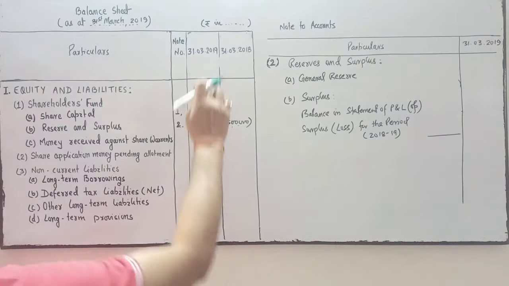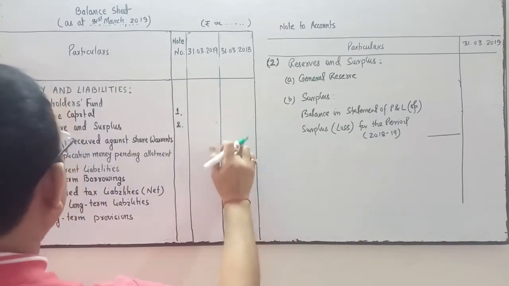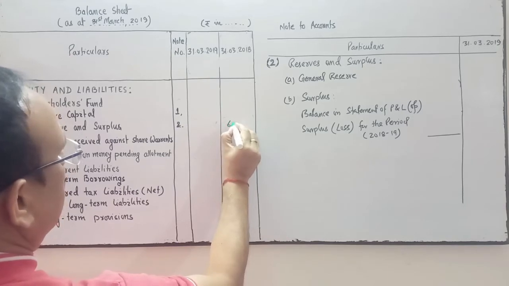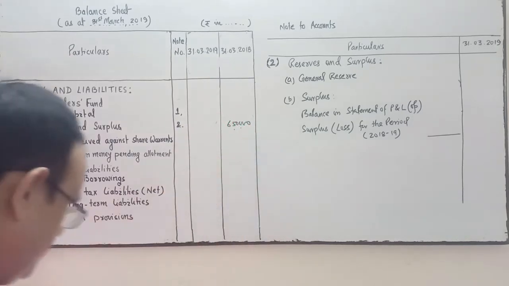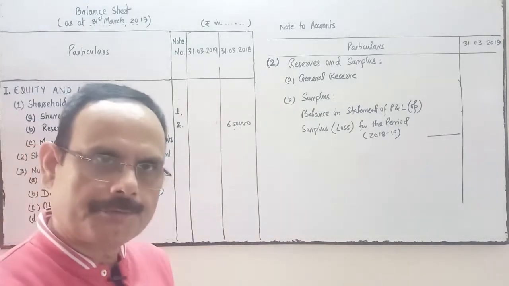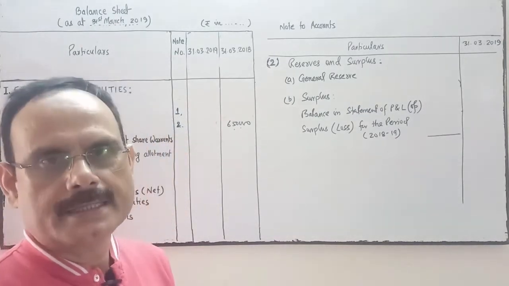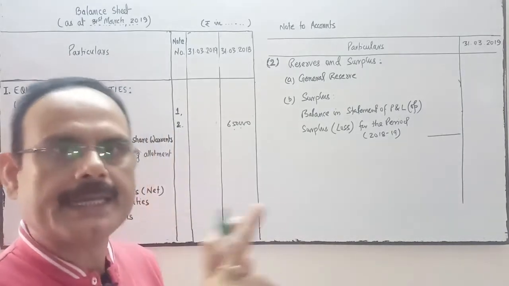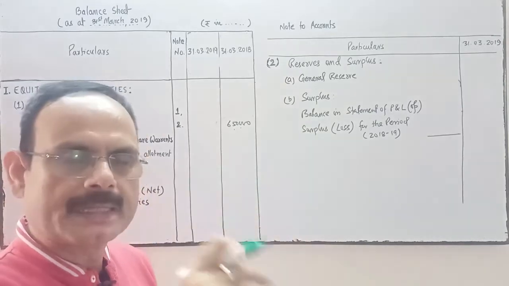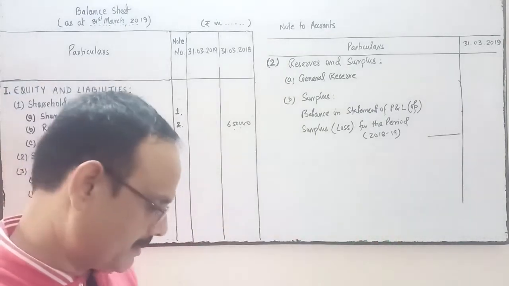General reserve is 4,50,000 and statement of profit and loss 2 lakhs, total 6,50,000. This is the balance of 1st April 2018, meaning this year's opening balance, which is the previous year's closing balance.